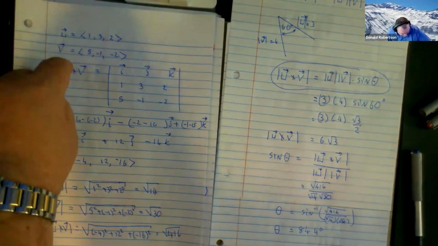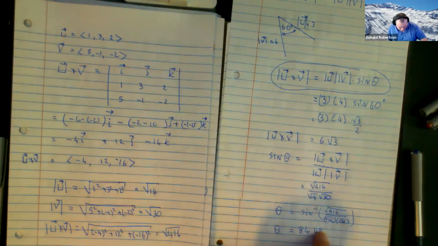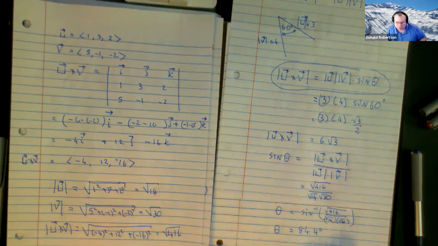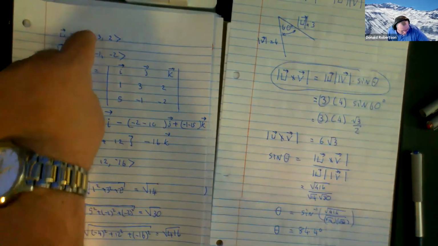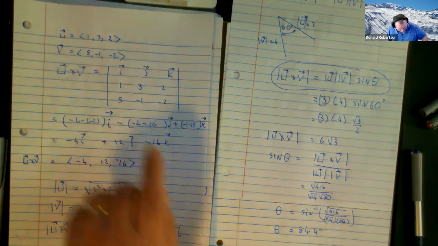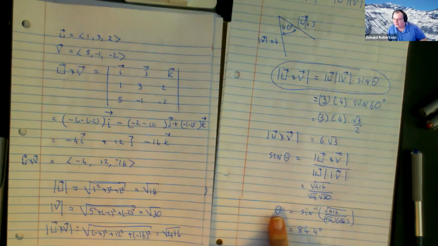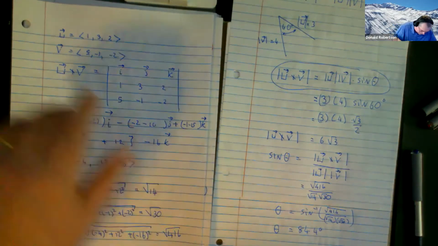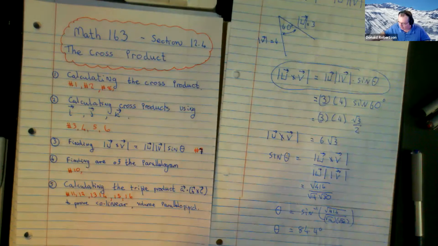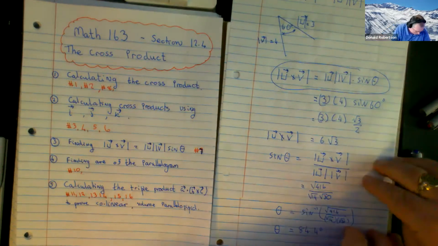And once you knew these three, you could then use this version of the formula to get the angle between them. To be honest, if I told you these two, wouldn't I probably use the dot product? Isn't that just a lot less work? Which is probably why nobody ever uses this formula, unless you've already done part of it in part A or something. If you've already had to do the work, you would probably use it.